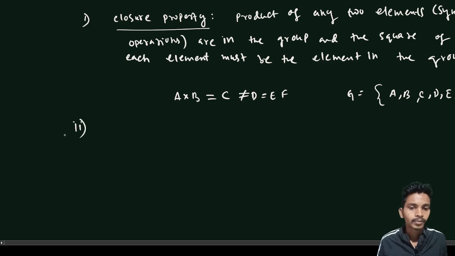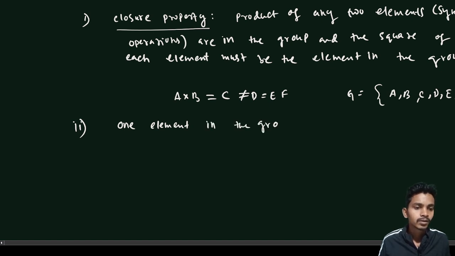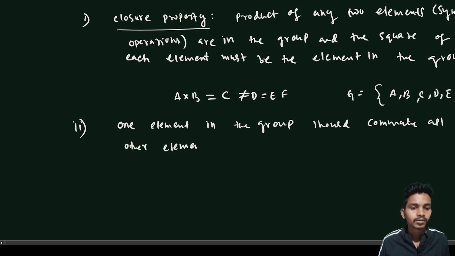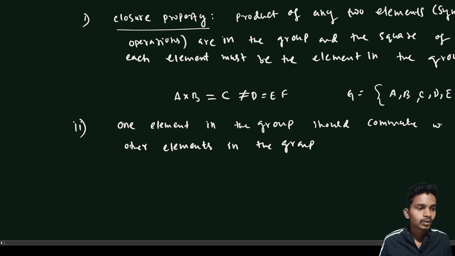And the second property that should be followed is that one element in the group should commute with all other elements in the group. The element means operations. So one operation in the group should commute with all other elements in the group.